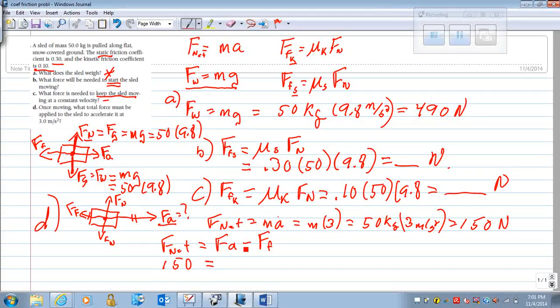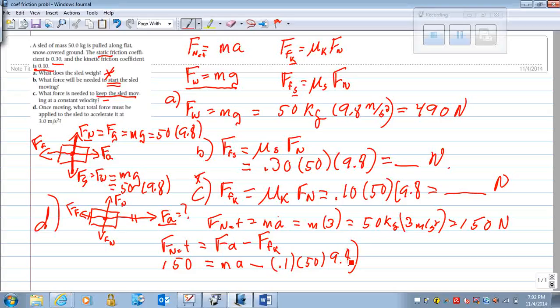My applied force, Fa, is equal to the mass of the object times the acceleration minus my force of kinetic friction, which I already got up here in C. So that's going to be minus the quantity 0.1 times 50 times 9.8.